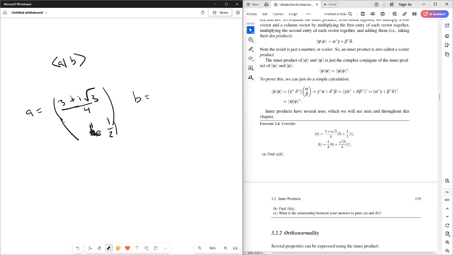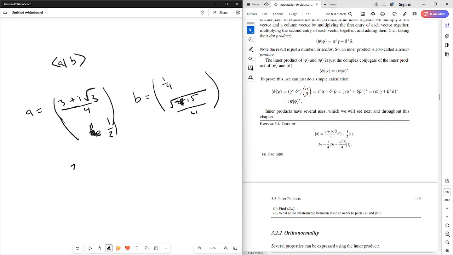B is equal to 1/4 and square root of 15 over 4. So we take the bra of A, which is the conjugate transpose.